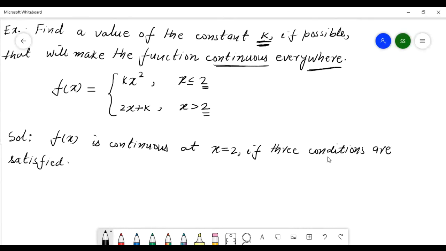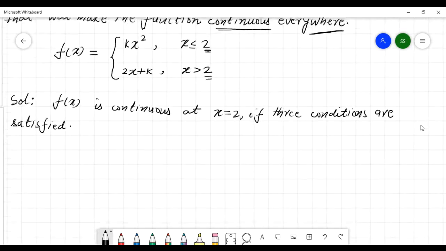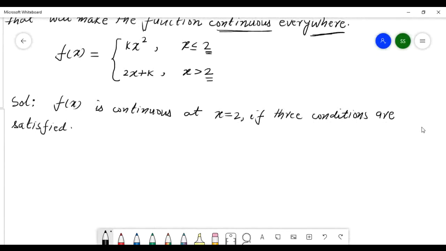Three conditions. What are the conditions? At 2. First condition, you have to check at this number 2. Number 1 condition is f of 2.